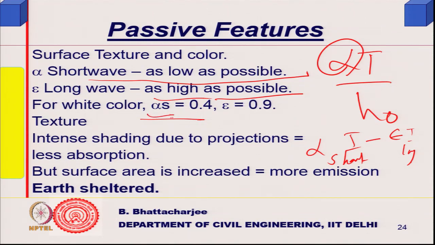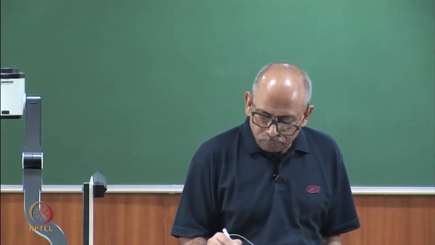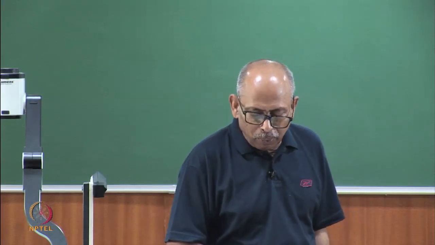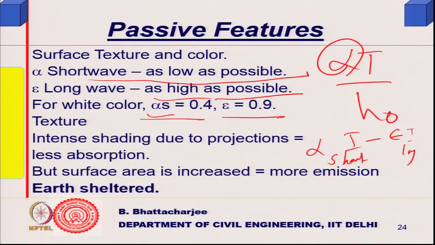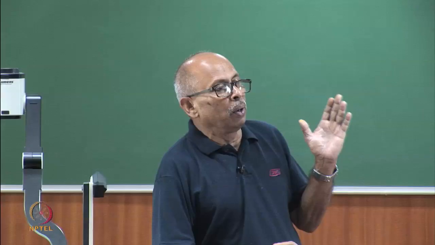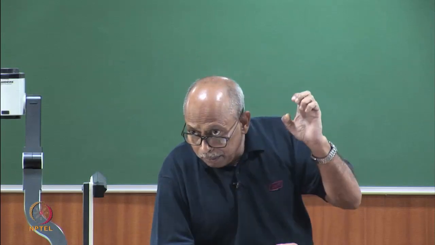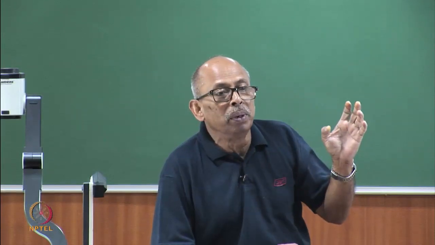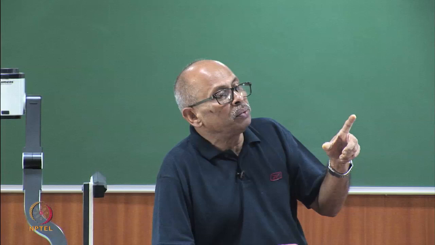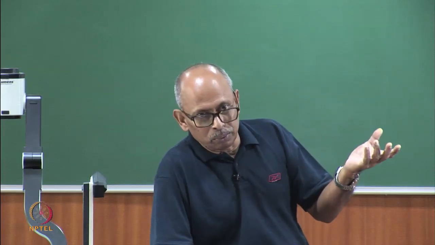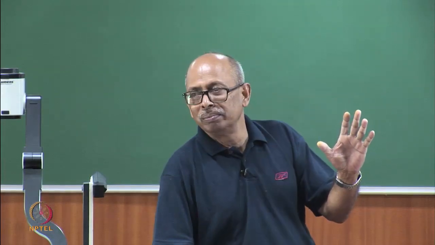For white color, alpha short wave is 0.4 and epsilon is 0.9, therefore, it is very good. So, surface color is important; its alpha should be as low as possible, epsilon to long wave should be as high as possible, and whitewash does a very good job.